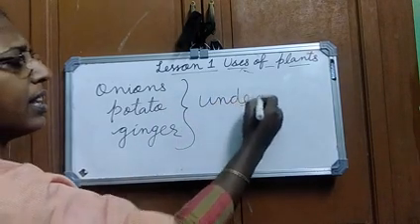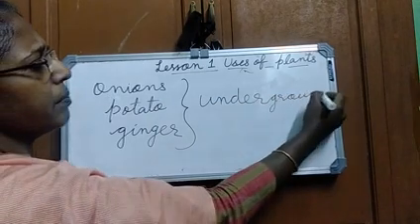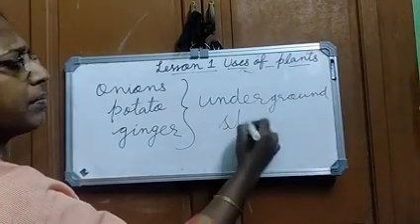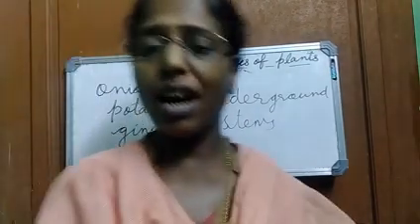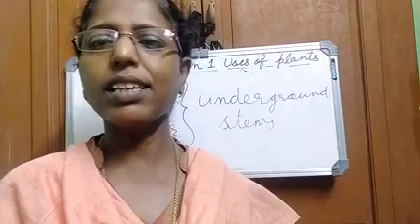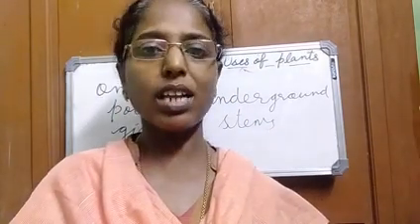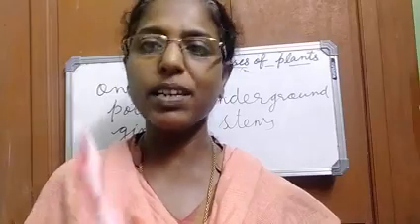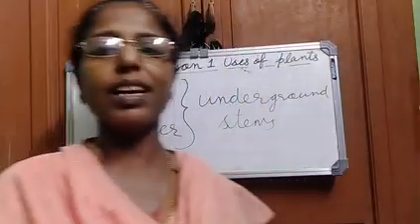Don't make a mistake. What are underground stems? They are growing under the soil. Onions, ginger and potato are not roots. Don't make a mistake. They are underground stems we eat.